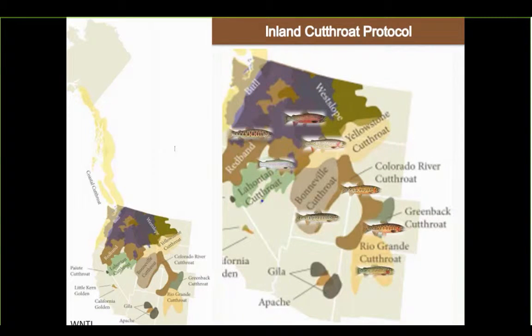To zoom in on the part of the range, all of the subspecies represented by these little trout icons today have conservation or recovery teams that are using the ICP as their common data structure. And actually, so is the redband team, even though that's not a cutthroat species specifically.